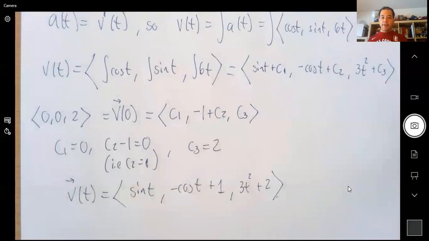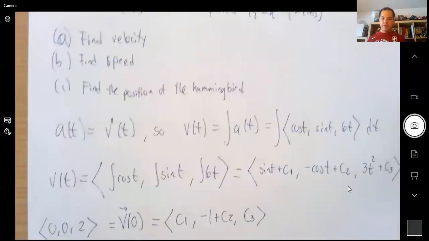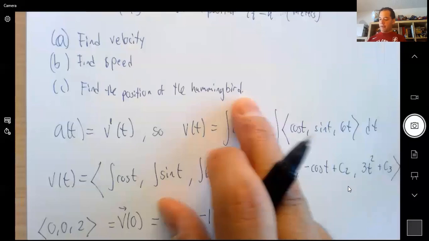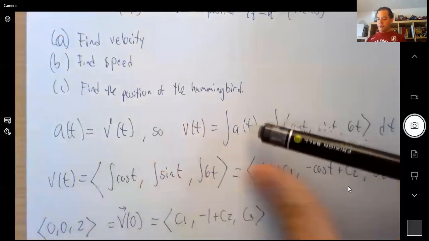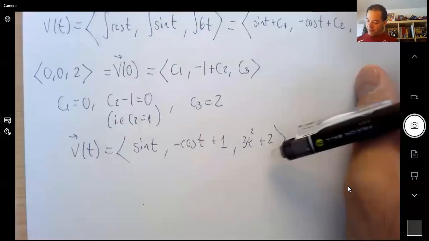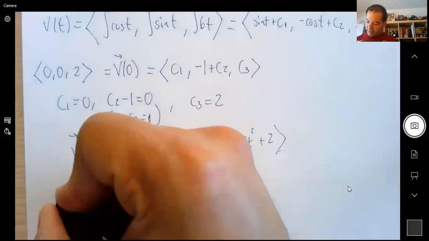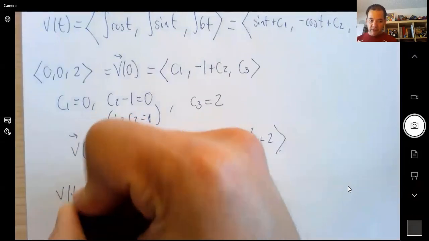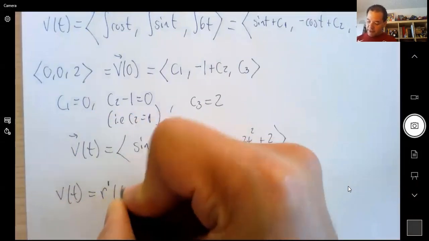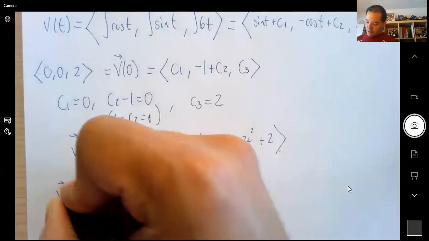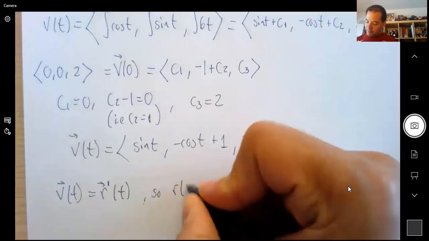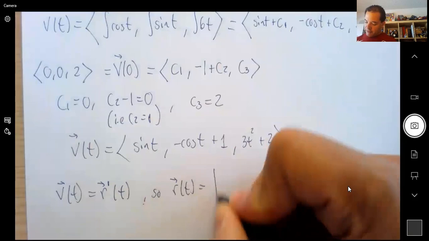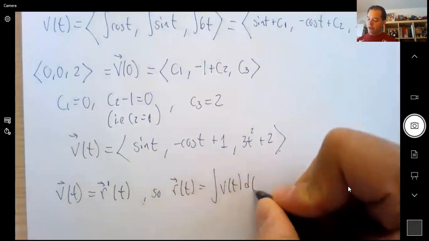And then the last question says, find the position of the hummingbird. We know that v of t is r prime of t, so to get the position, we integrate the velocity. So it's like doing this again.